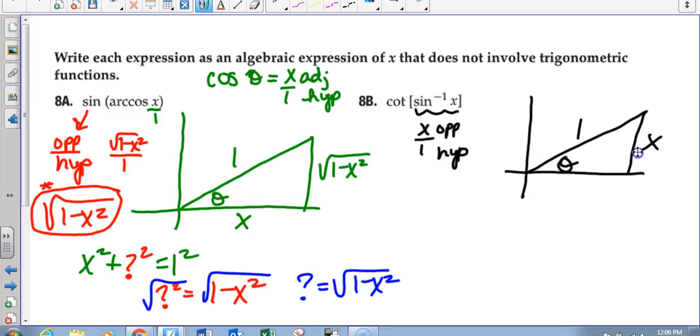Opposite over hypotenuse, right? So the x is over here now. But the expression down here is still going to be, what? Yeah, we're going to find the cotangent, but the expression that we need to write down here is still going to be hypotenuse squared minus leg squared, or the square root of 1 squared minus x squared, right?